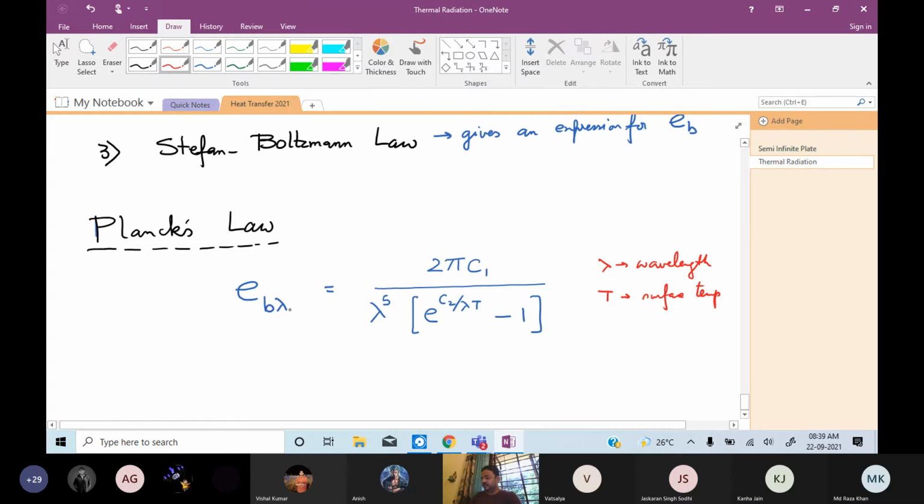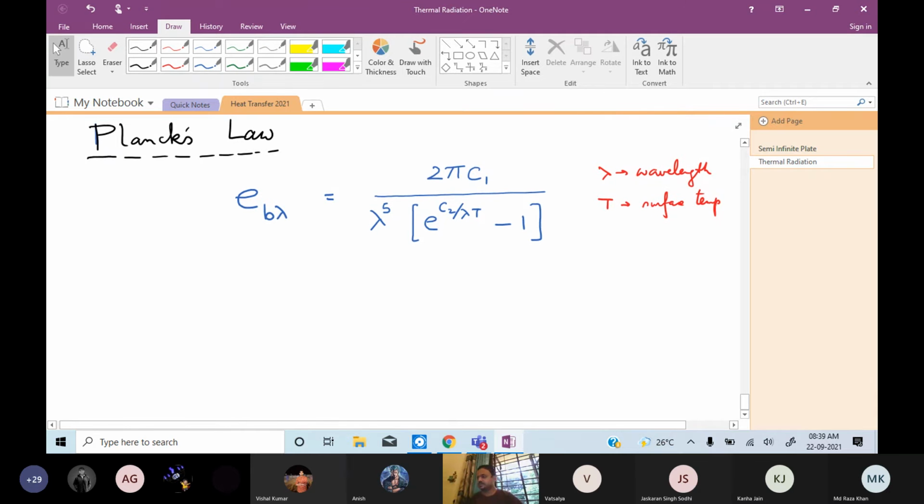So as we could guess, this emissive power of a black surface is going to depend on lambda and T. Remember that curve that we were drawing, this is the expression for that.